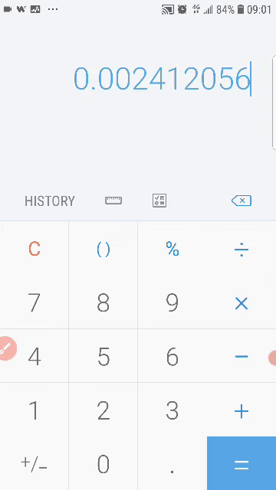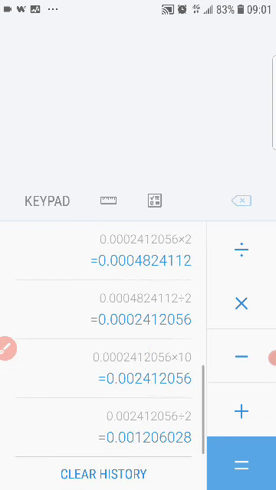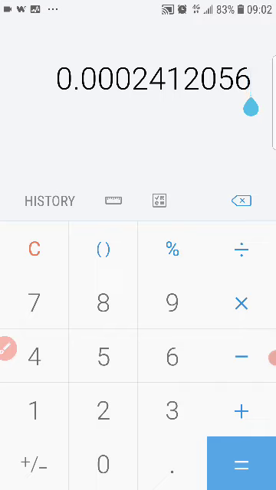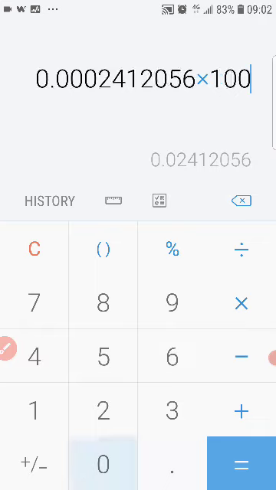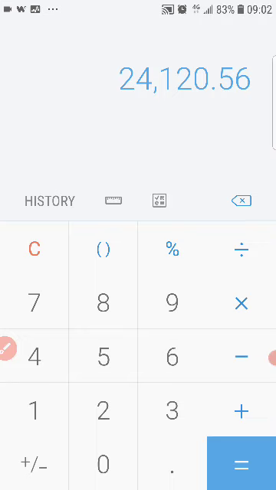Now let's buy 100 million Satoshi, which is 1 Bitcoin. So we are going to multiply this value by 100 million. What did it give us? The exact price of Bitcoin.